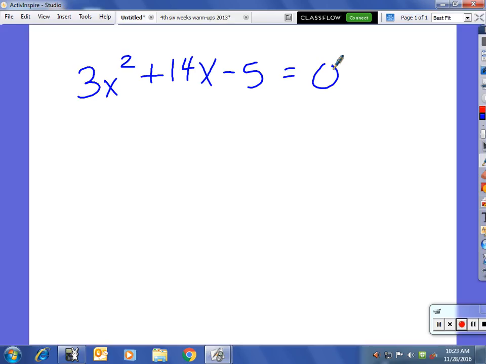Okay, and when you get your factors, just remember you're not done. You have to take each factor, set it equal to 0, and solve that little tiny baby equation.